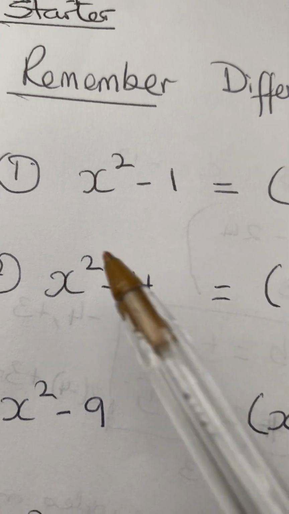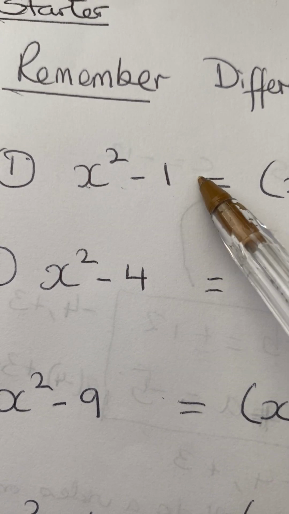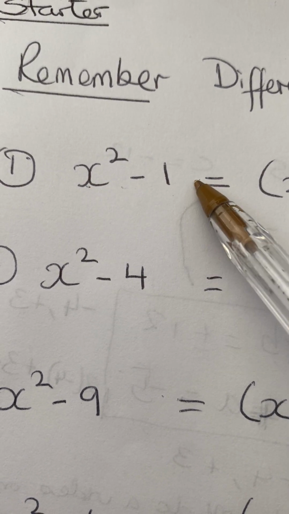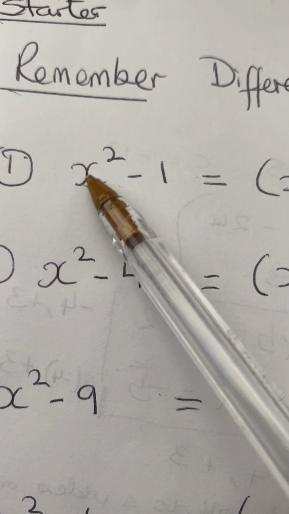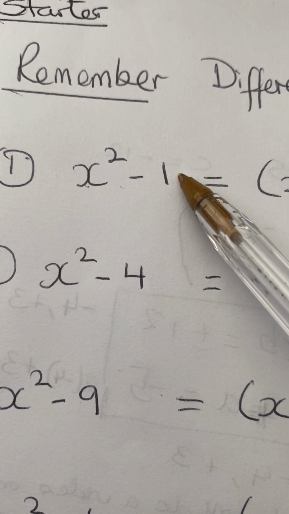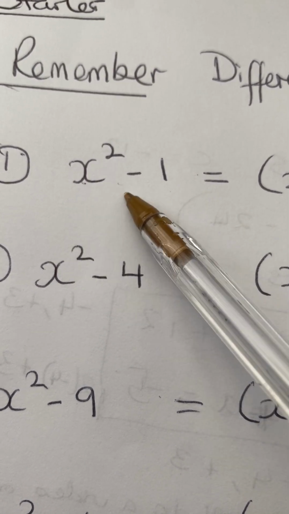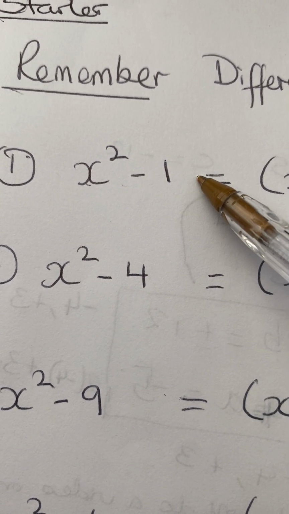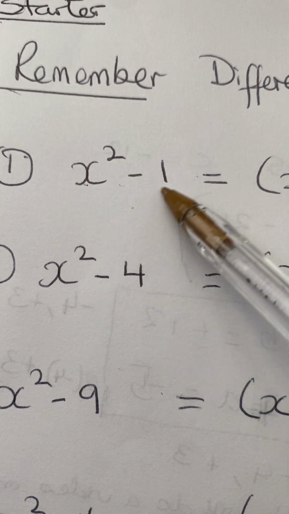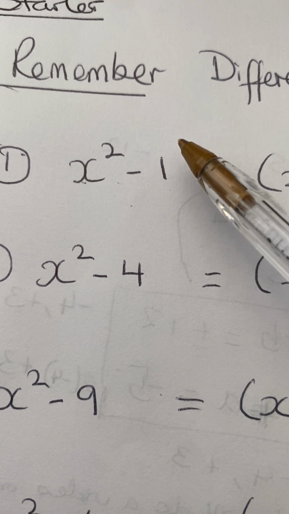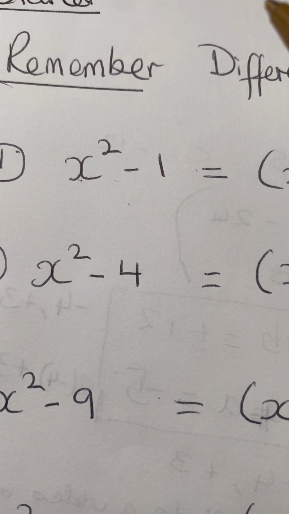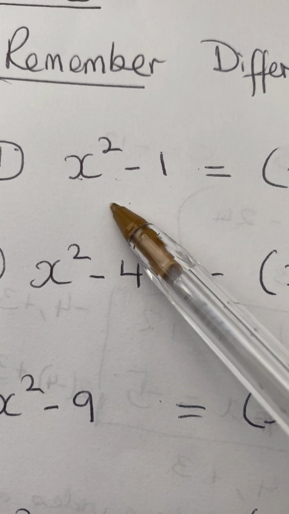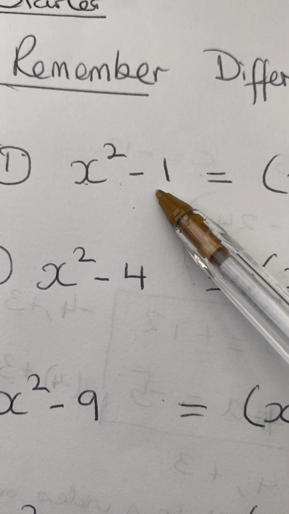So x squared minus 1 is the difference of 2 squares. You can have y squared minus 1, b squared minus 1. Immediately you see this, your mind should be speaking to you: difference of 2 squares.